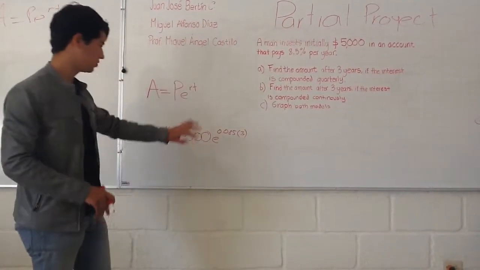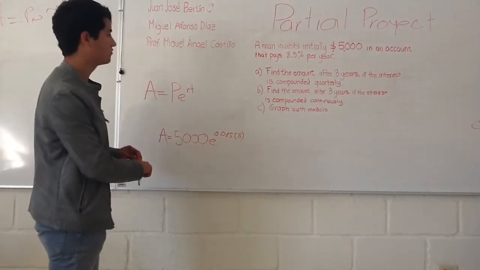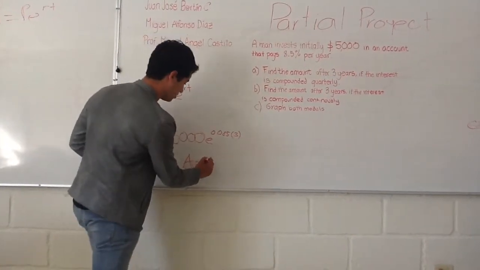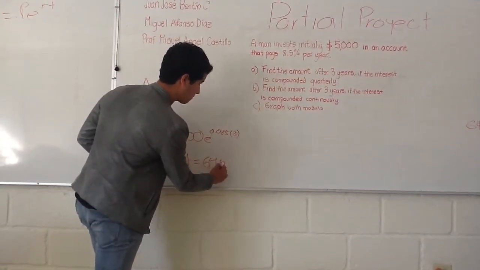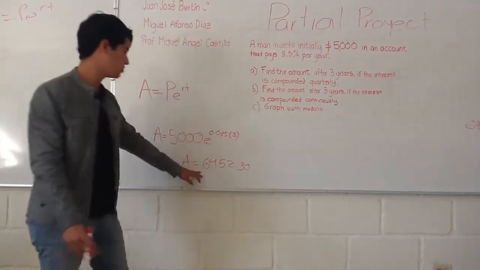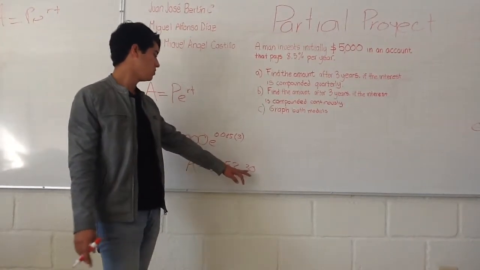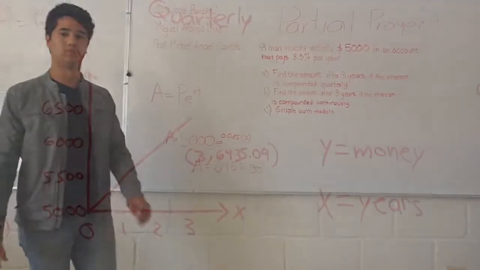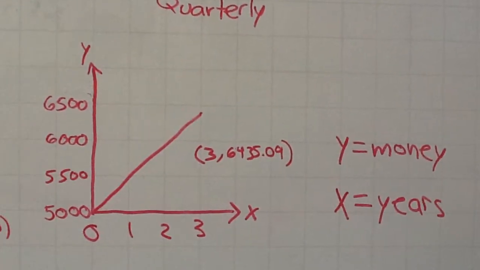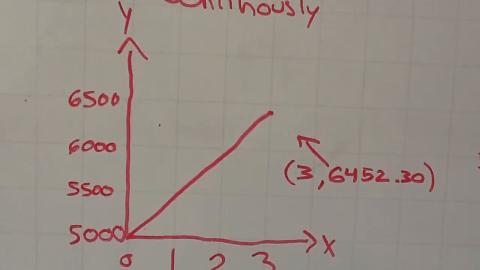And if we solve this equation, the amount after 3 years is going to be A equal to 6,452.30 pesos. This is the letter C that says we have to graph the models of the interest compounded quarterly and continuously.